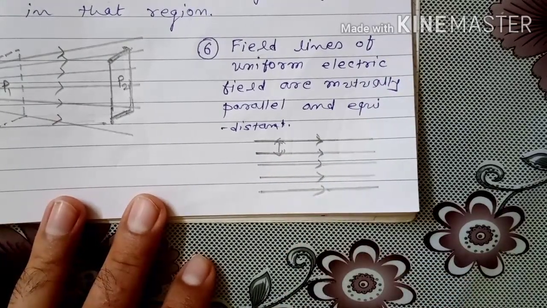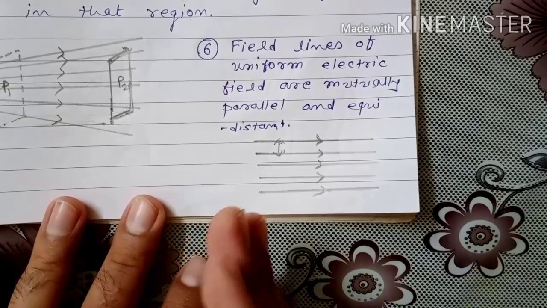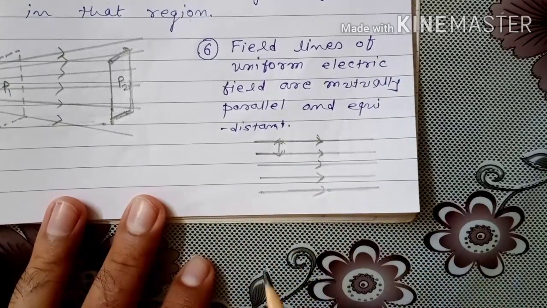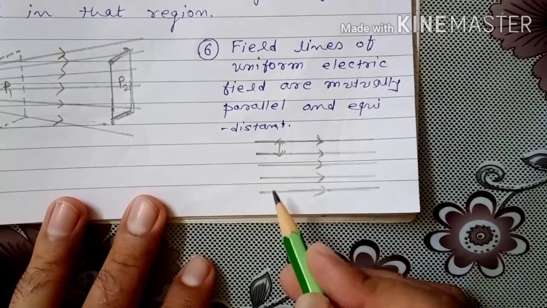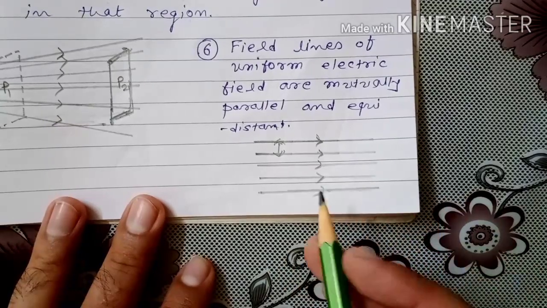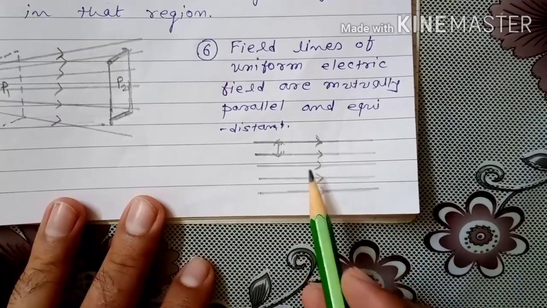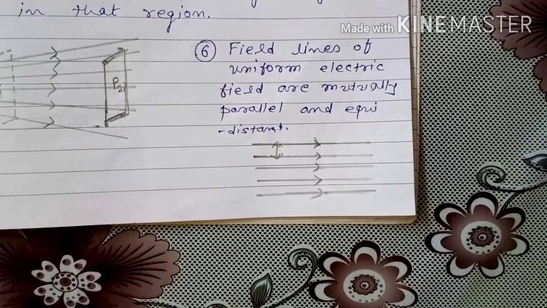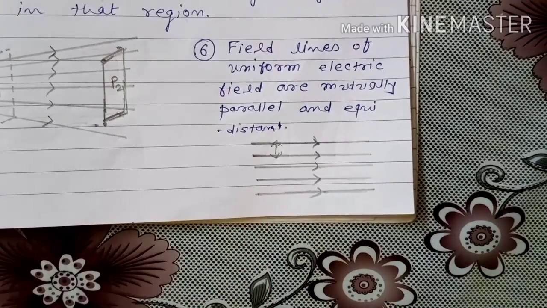Therefore, this type of electric field lines represents a uniform electric field. If you consider any region and draw a unit cross-sectional area, the same number of electric field lines will pass through all the unit cross-sectional areas. Therefore, we can say that the electric field is uniform. This type of figure represents uniform electric field lines.